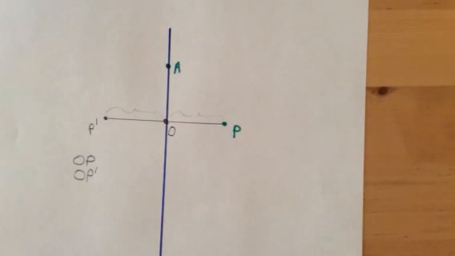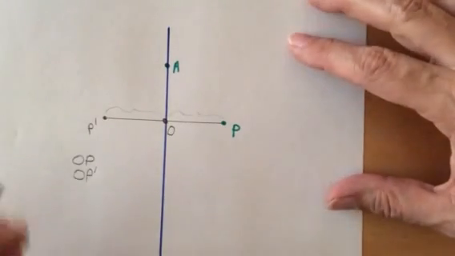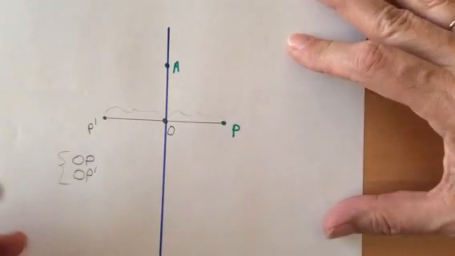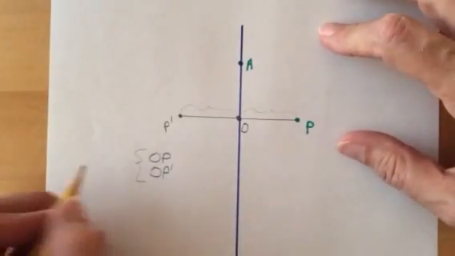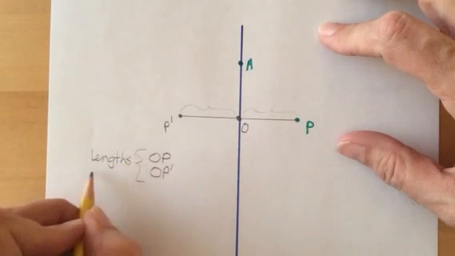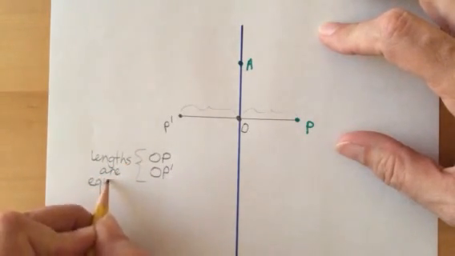So because length is preserved in a reflection, distance is preserved, we could say that for these segments, the lengths are equal. So the lengths of these segments are equal.